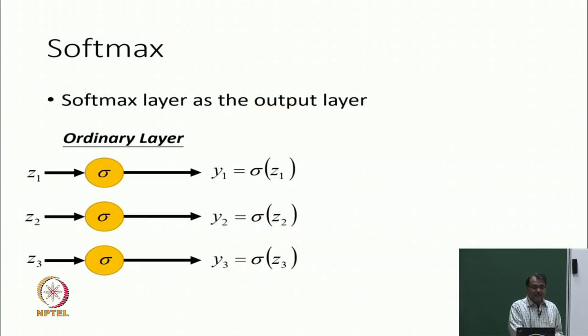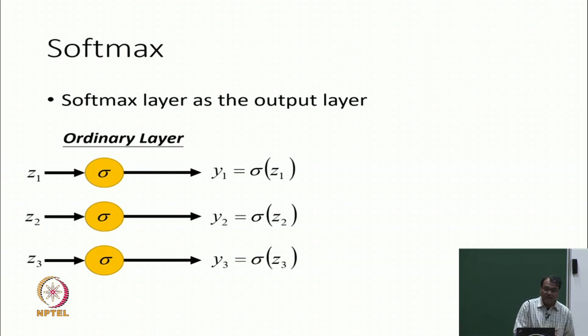So suppose my general representation is Z1, Z2, Z3 up to Z10, and I want to convert the Z1 into Y1, Z2 into Y2, and Z3 into Y3 such that this Y is the probability distribution. Then I have to think about this non-linearity sigma, which would achieve it. What should be that sigma function?